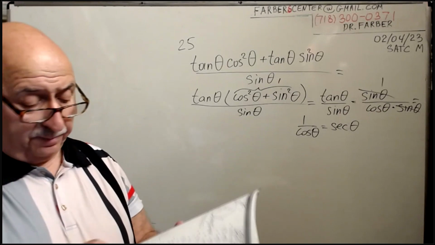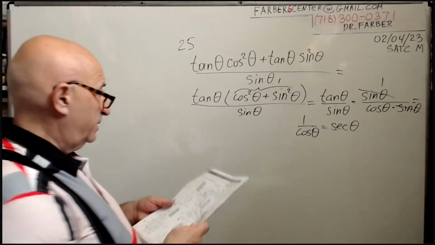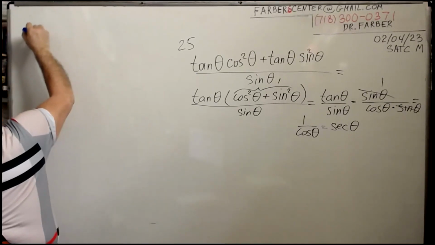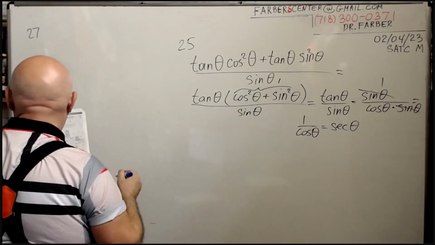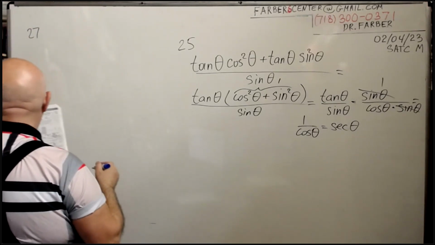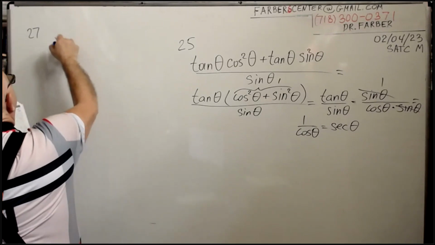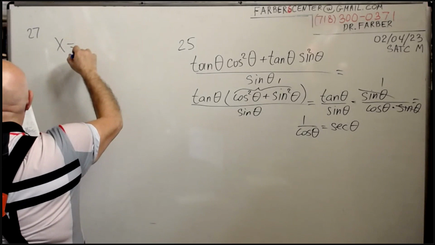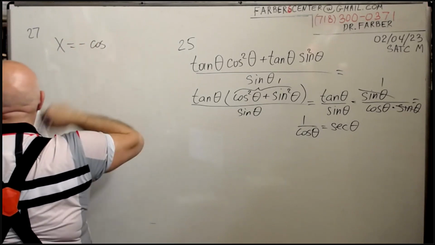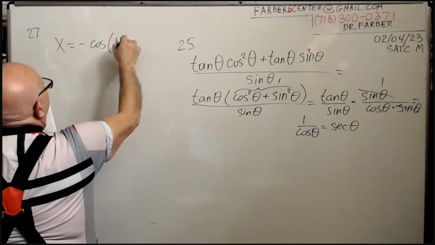Next is 27. X equals negative cosine of 11 pi.